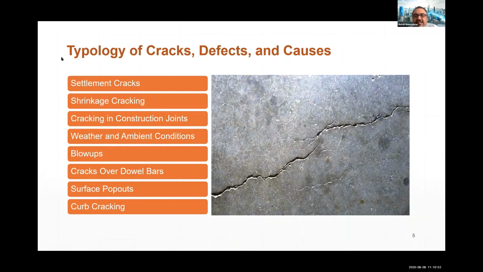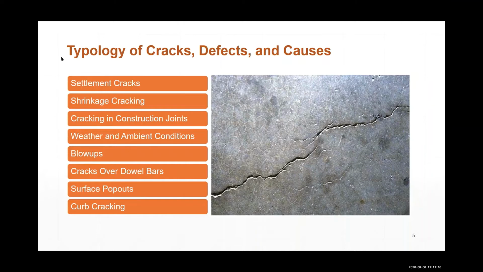At the early age, the tensile stress develops from the restraint of the concrete volume change or slab bending from the temperature and moisture gradient through the concrete. These can cause major cracks, so they need to be considered in the design of concrete or rigid pavements.